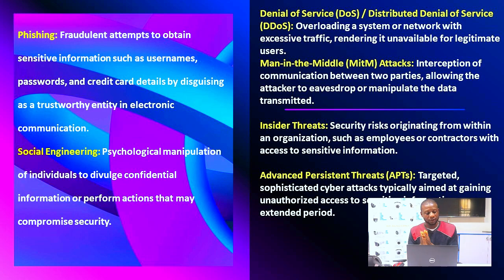Remember the definition is a physical or psychological manipulation of an individual to divulge confidential information. So if policies are in place to fast-track any manipulation that may come forward from the attacker, you see that we are already secure. So it's more of both the policies and tools that are involved, and those tools may be hardware or software.